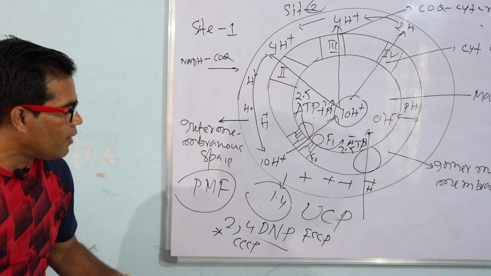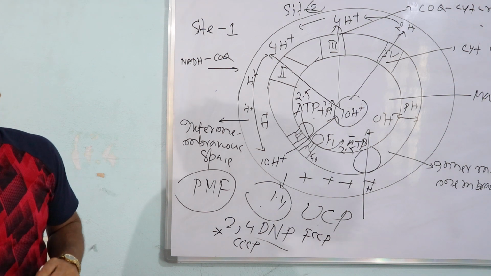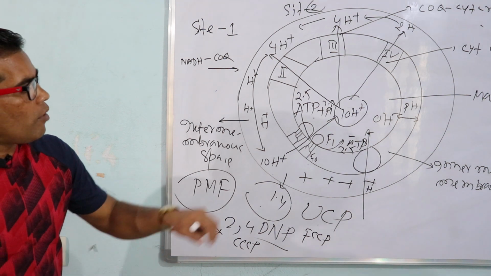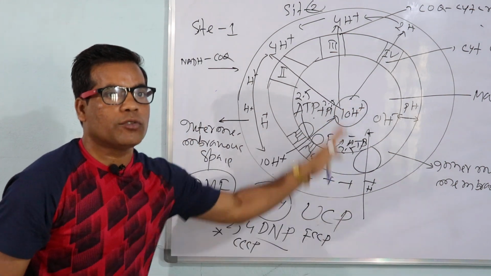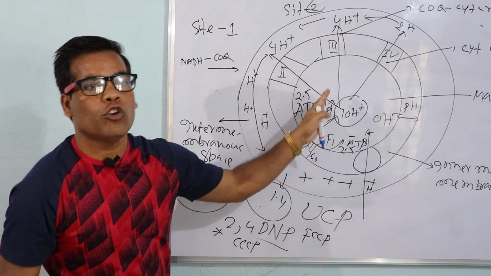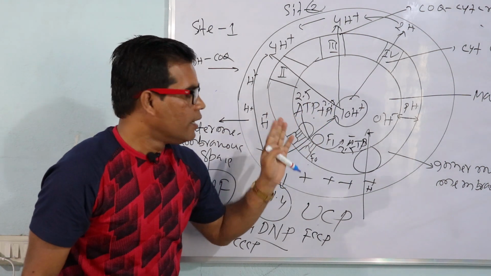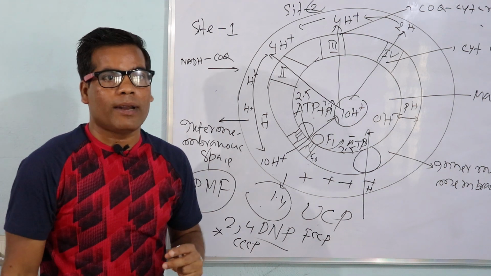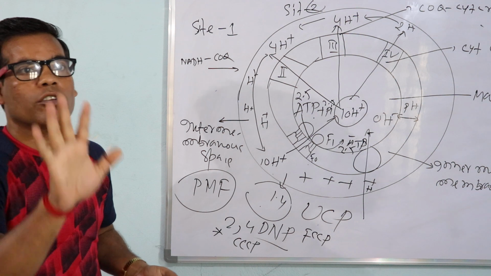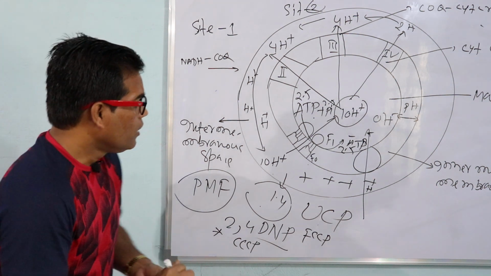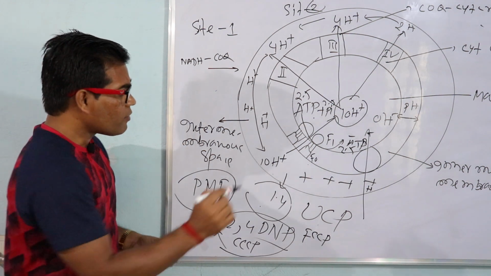So these are the chemical metabolic uncouplers which permit the hydrogen ion from the intermembrane space to the matrix, but they dissociate the oxidation. The energy will be released in the form of heat, not in the form of ATP molecules. Next, the physiological uncouplers, thyroxine and thermogenin, both are physiological uncouplers.